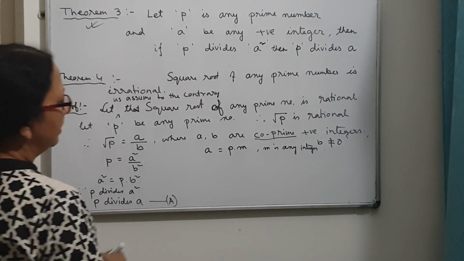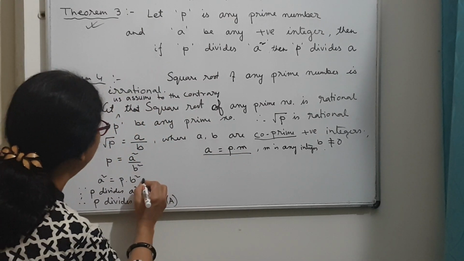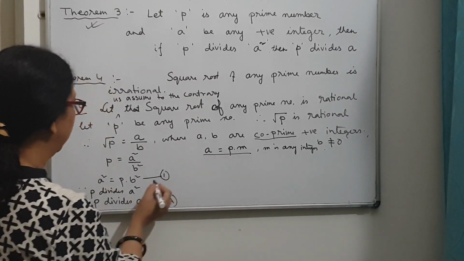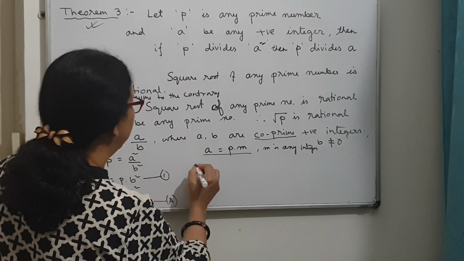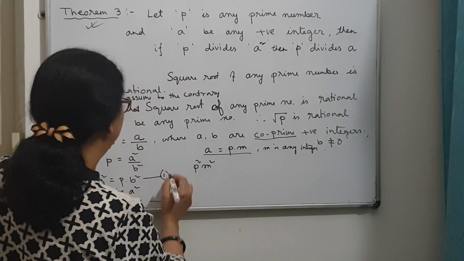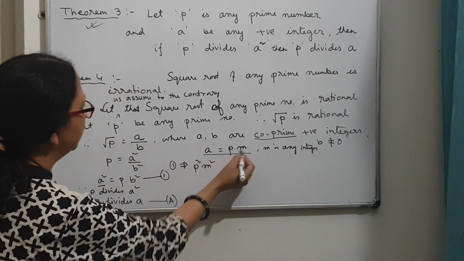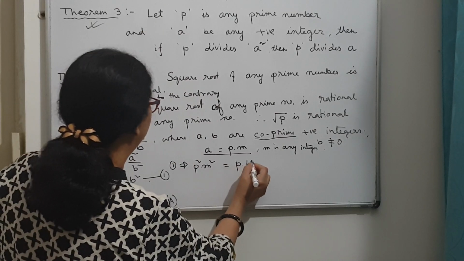Now this value of a is pm, in equation 1. So I'll be using this value of a in equation 1. In place of a I am writing pm, so a square becomes p square m square, equal to p into b square.